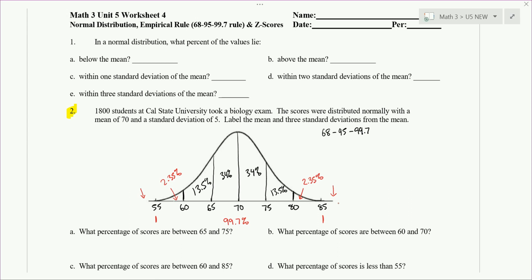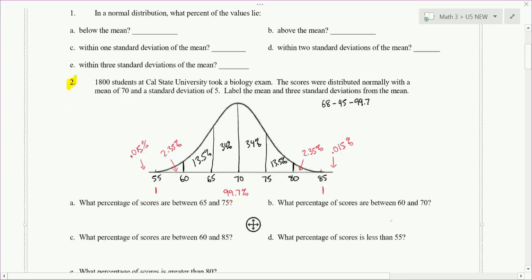So if I subtract 99.7 from 100, I get 0.03, and then I split that in half, and I get 0.015 for each corner. Once you have this written out, all the questions afterwards are going to be really simple.